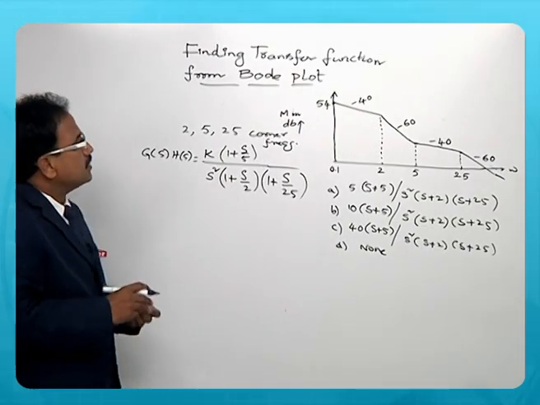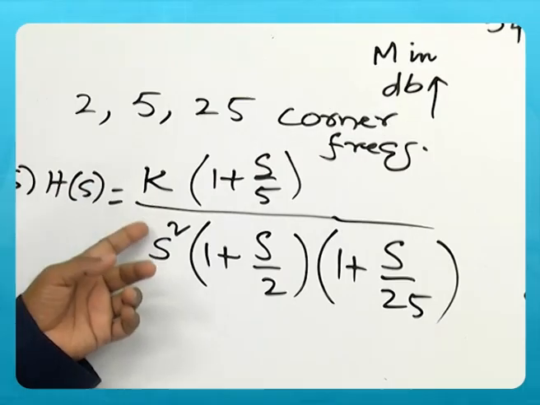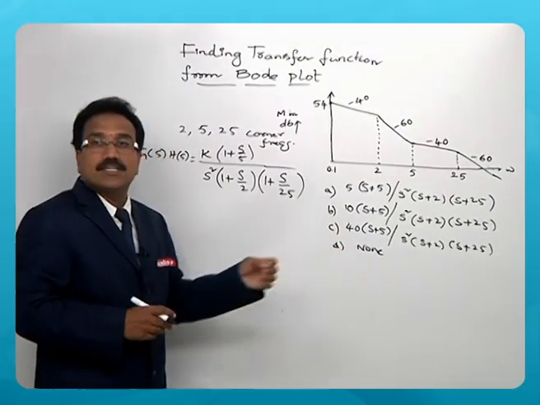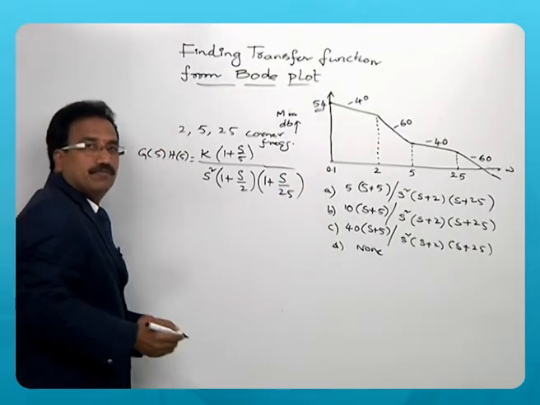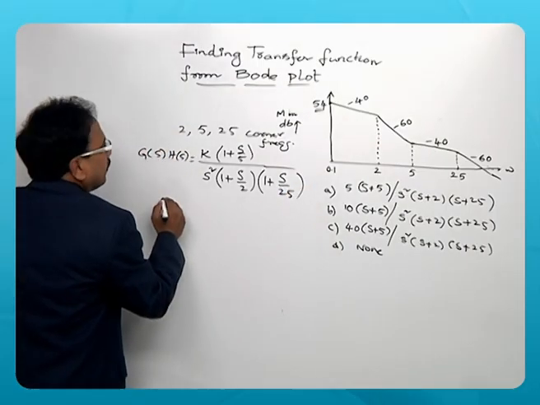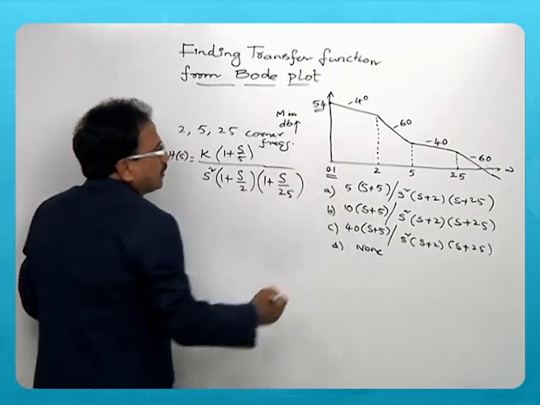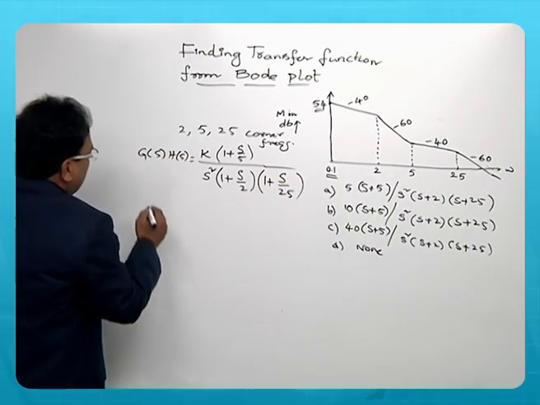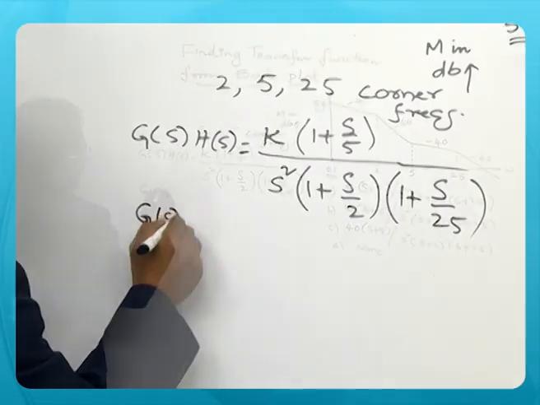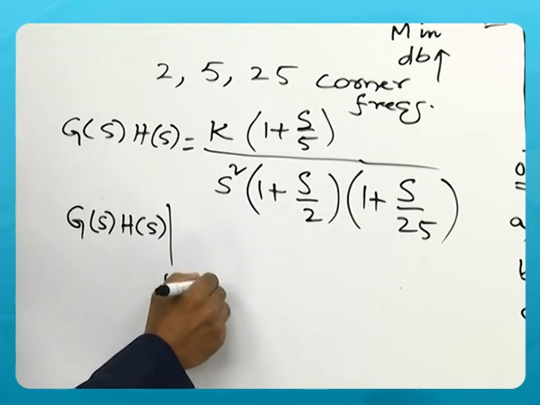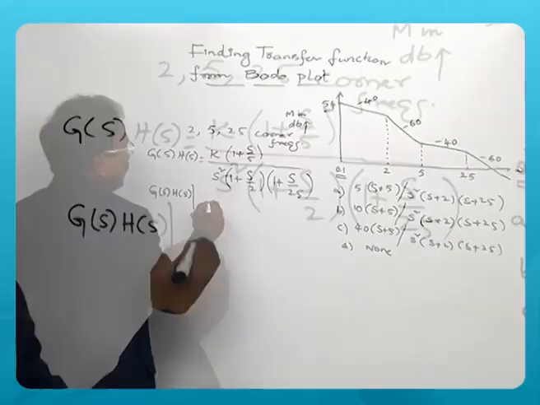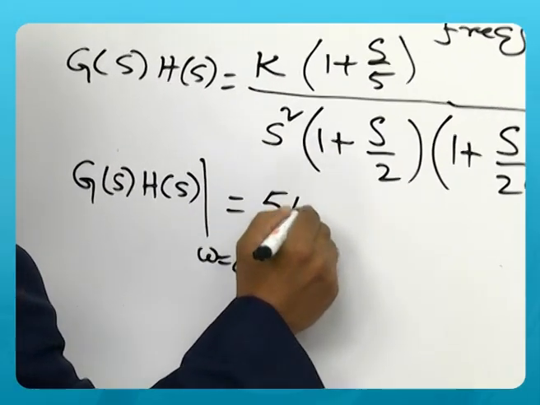Now our interest is to find the value of K so that we know which option is correct. There is a magnitude given here, 54. That 54 is at the frequency omega equal to 0.1. So I can say that for G(s)H(s) at omega equal to 0.1, the magnitude of the plot is 54.